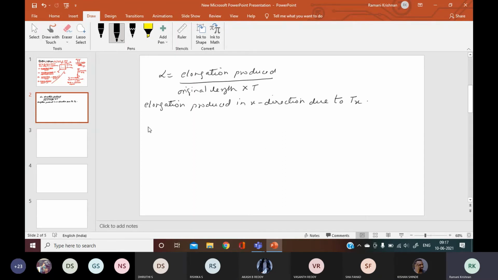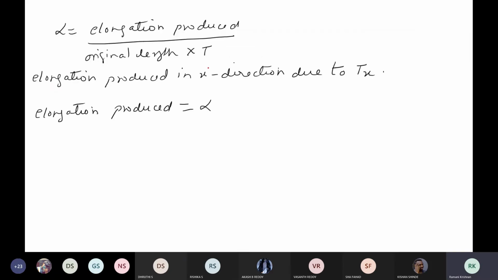So the elongation produced, from the previous equation I'm taking, is equal to alpha. Then what is the original length of the cube? What is the cube dimension? We said Capital T, ma'am. I said the cube is of unit dimension, isn't it?